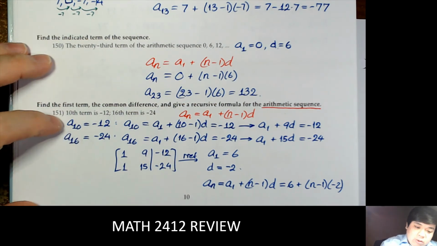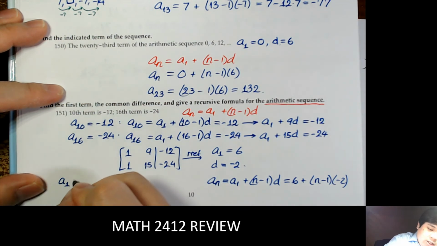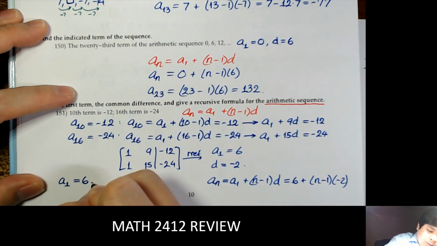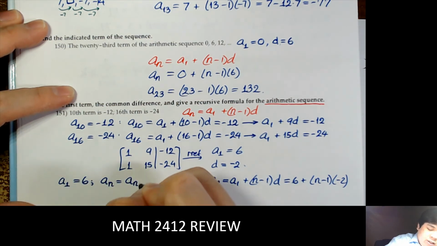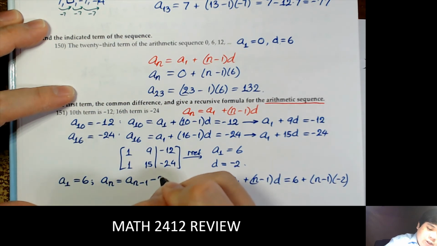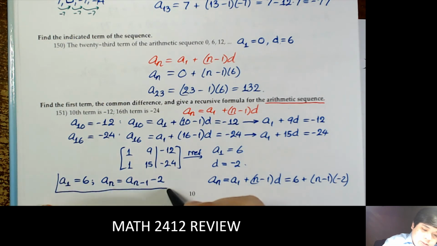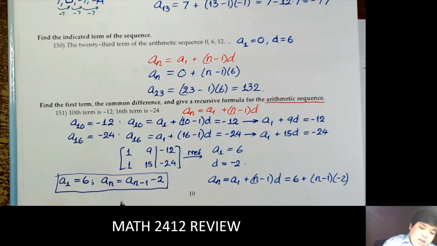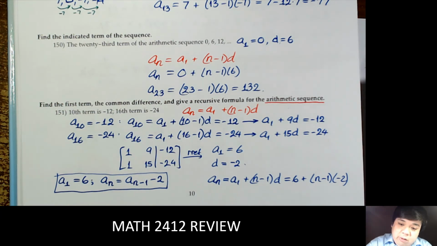So good thing we know that we can say the first term is equal to 6. And the next term is equal to the previous term subtract 2. That is the recursion formula for that sequence.